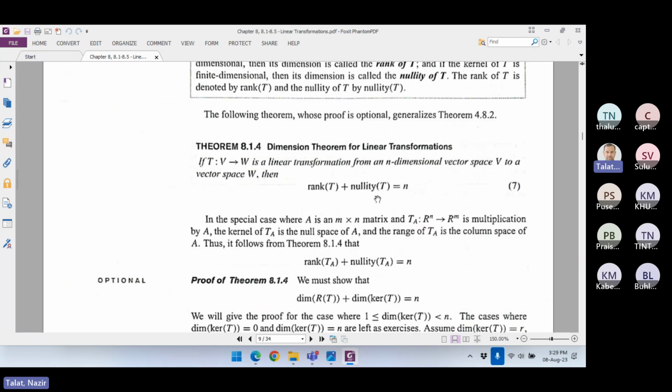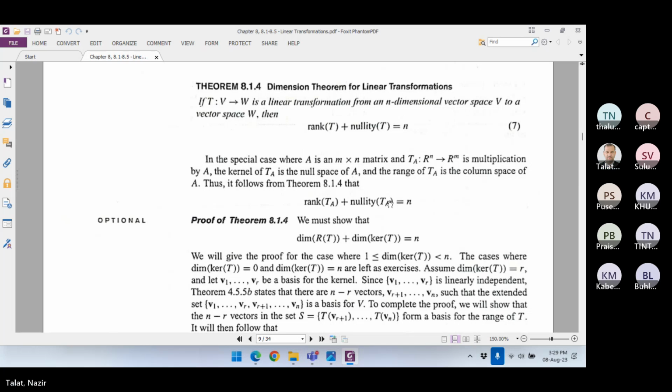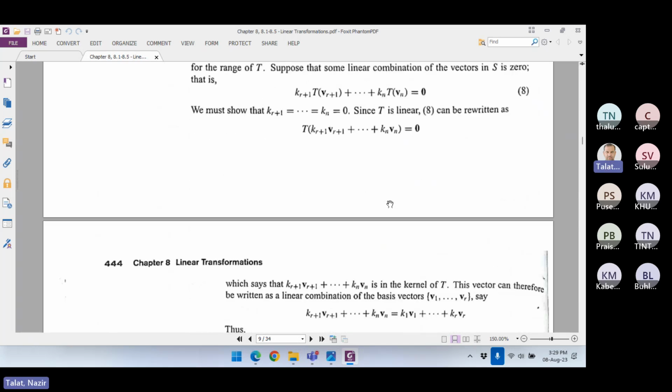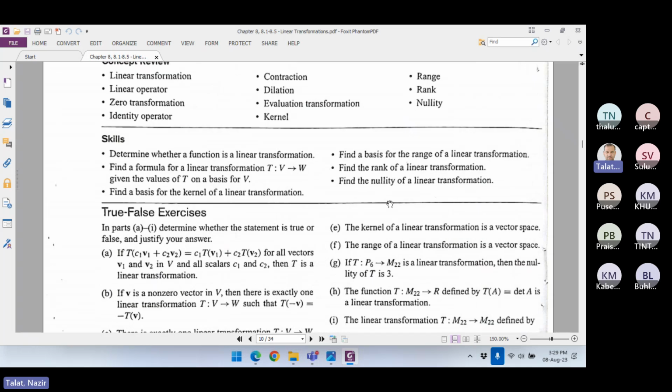But in case of a linear transformation, it's also true because behind a linear transformation there is a matrix. So that's why this equivalent formula is also available over here, and we can use it to get different values for different kinds of examples for computational purposes.